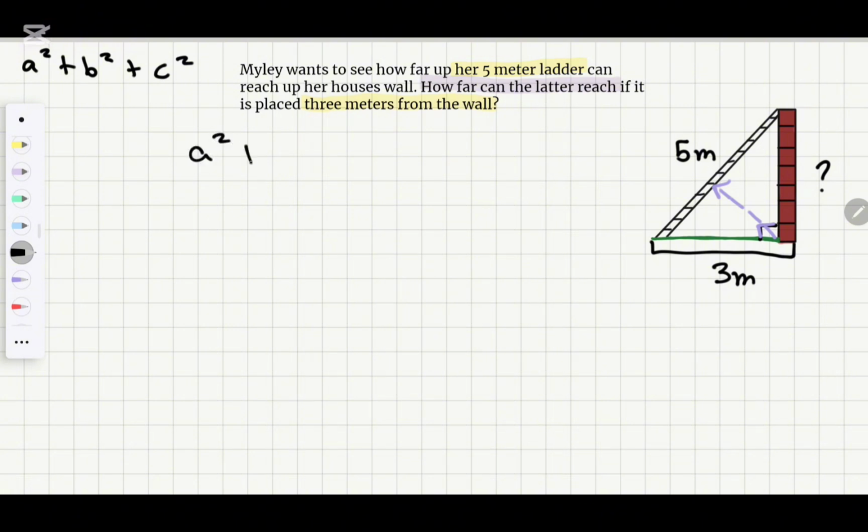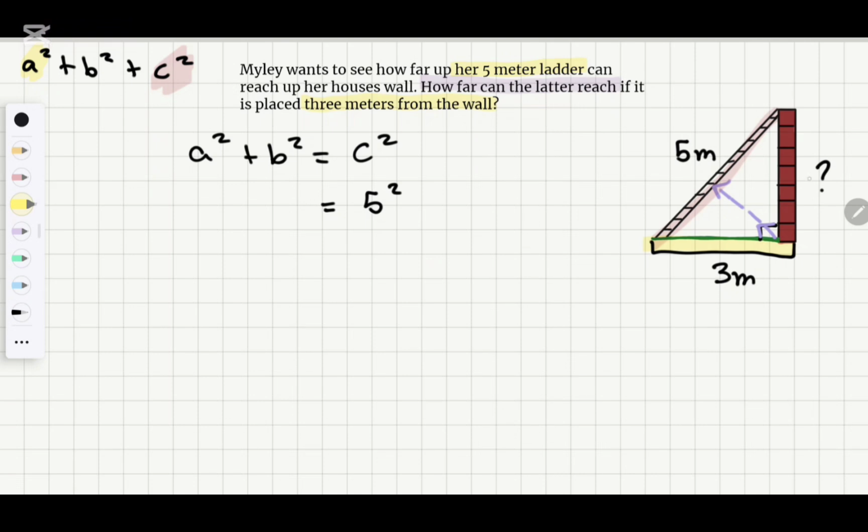So I'm going to write out my formula. So a squared plus b squared equals c squared. And I know that c is equal to 5 squared. Okay? So let's color that in pink. Right there. All right, now let's find our a and b value. For a, I'm going to go with this 3 line.